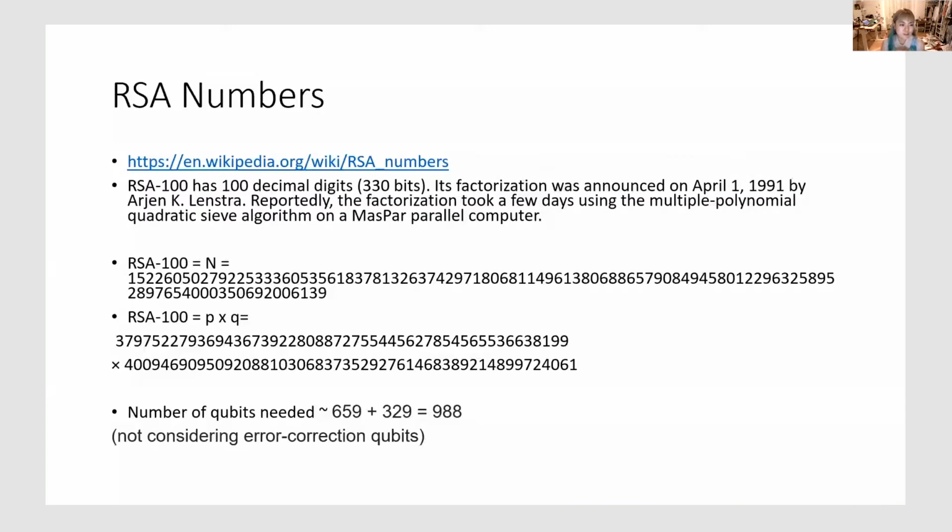Let's take a real RSA number as an example. On Wikipedia, you can find a list of broken RSA numbers. The smallest one is this RSA-100, with 100 decimal digits. So this is a real number that was used before it was broken, and it is this long.